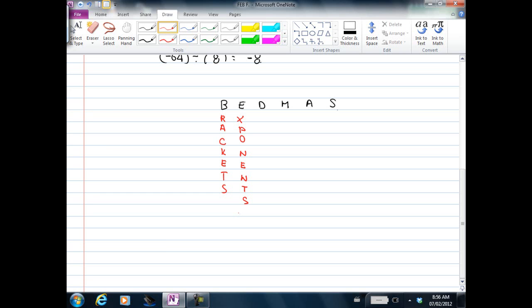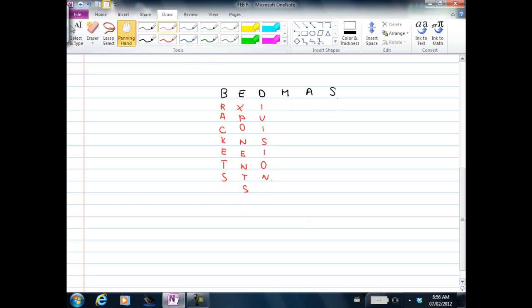Brackets, exponents. D. Harneet, choose a random male student. Devin. Division. Devin, choose another male student for me, please. I said male student. I'm kidding. Alright, Steven, enough picking. Okay, let's. Multiplication. That's correct. Multiplication. This is the order we generally follow.